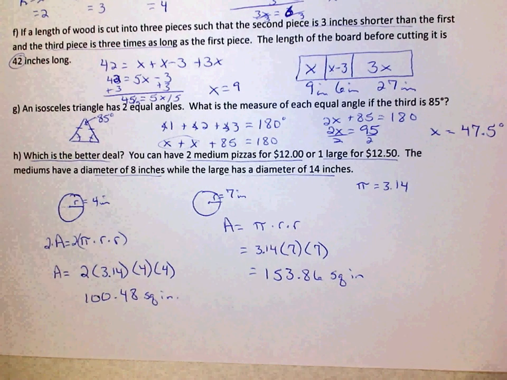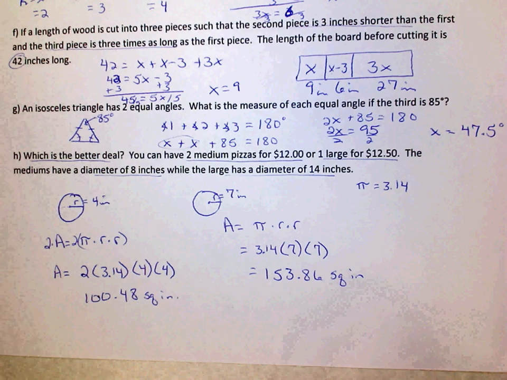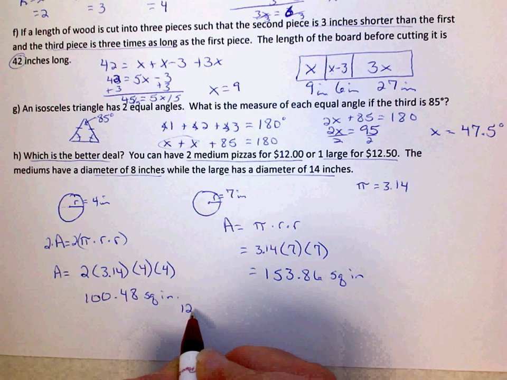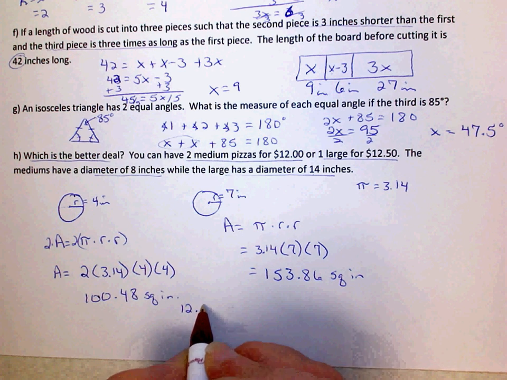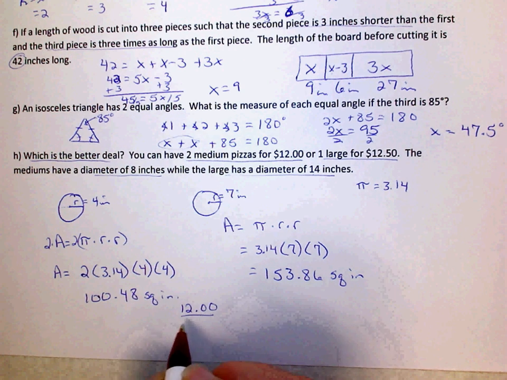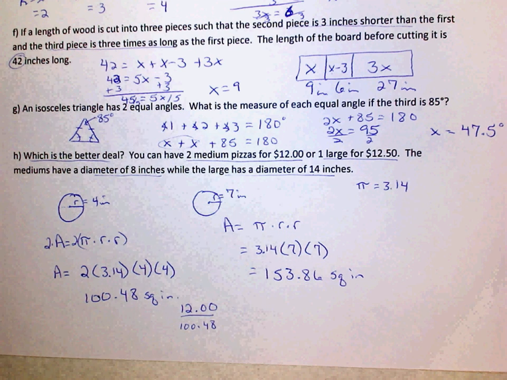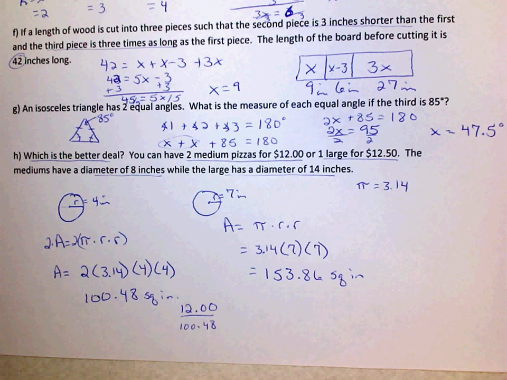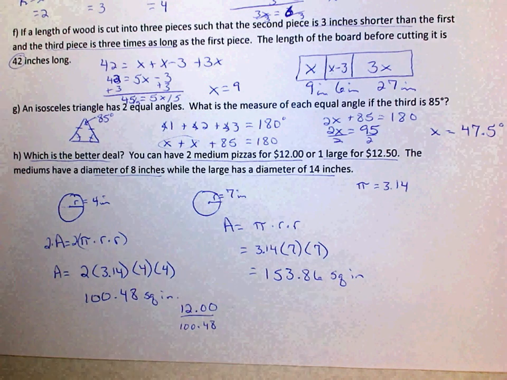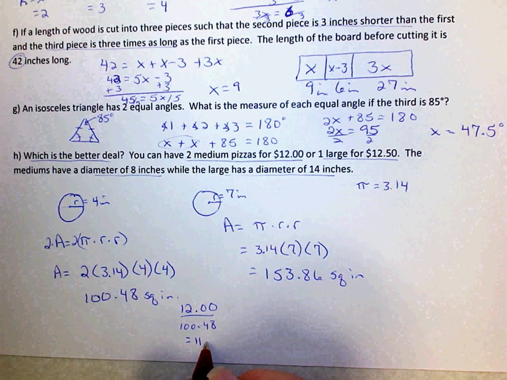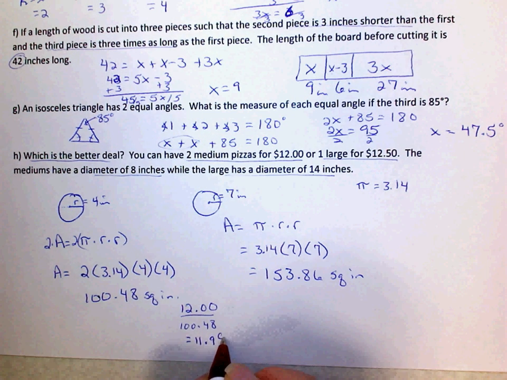Now it gets even worse than that. How much is it per square inch? So you take your money divided by your square inches. So 12 divided by 100.48, and this is about 11.9 cents per square inch.